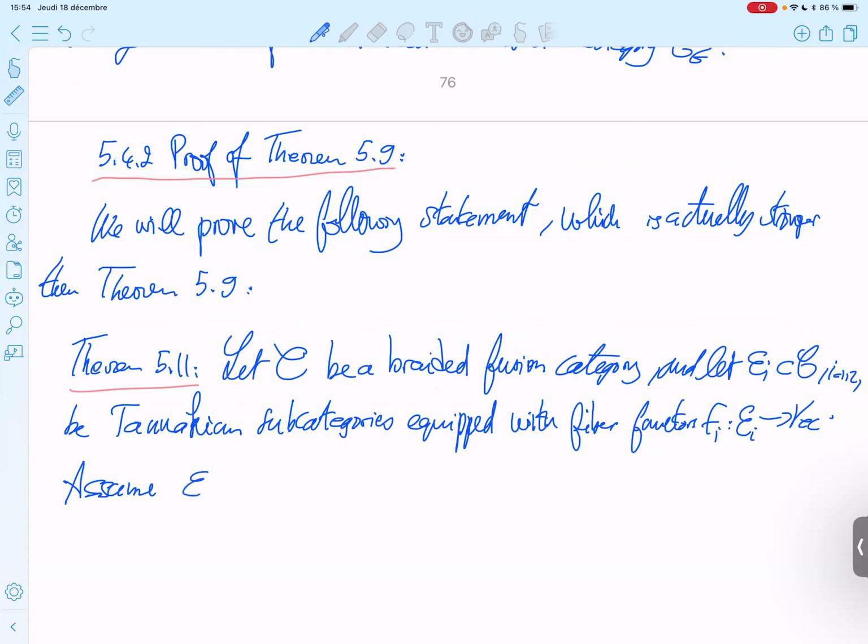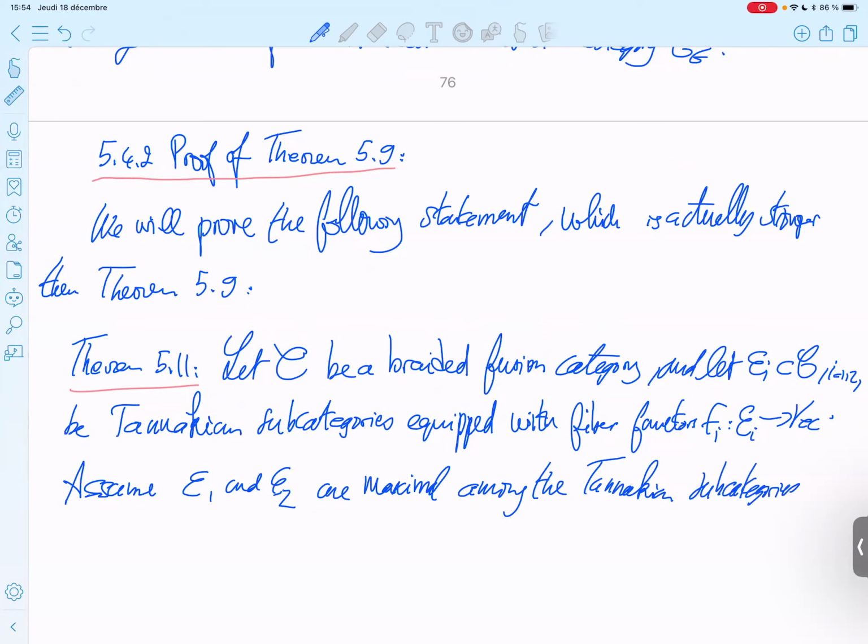Assume E1 and E2 are maximal among the Tannakian subcategory of the fusion subcategory generated by E1 and E2.